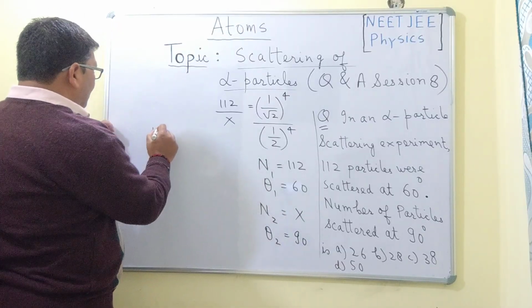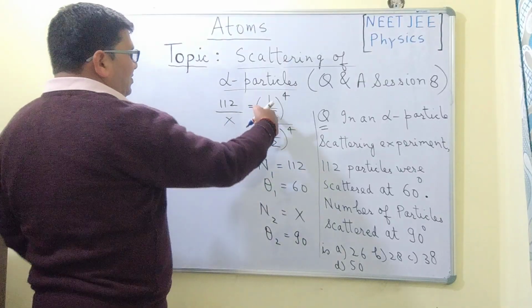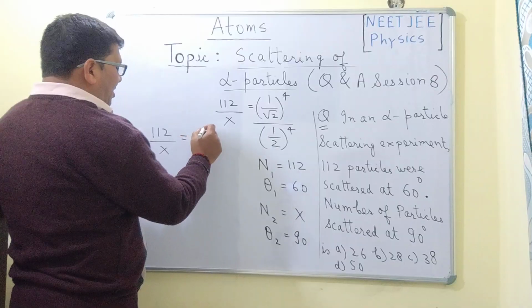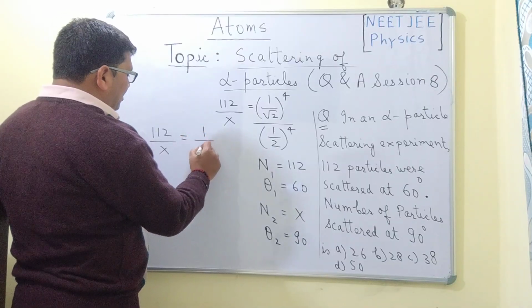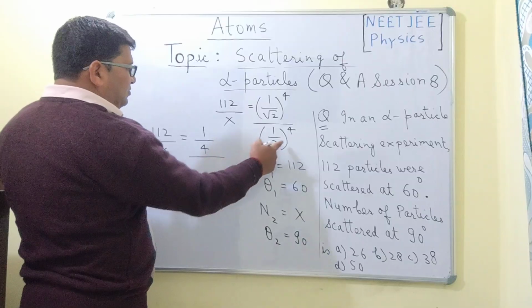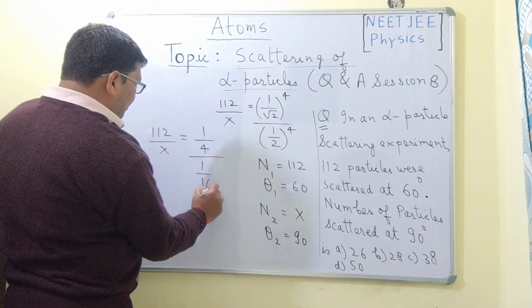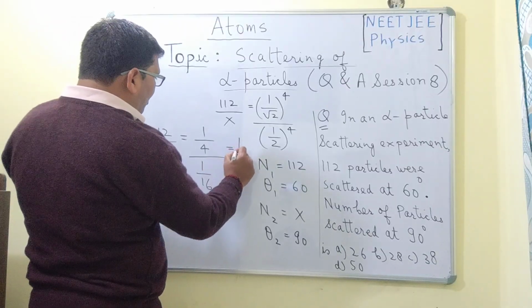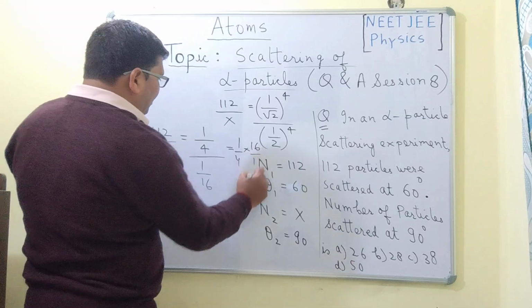So from here, 112 upon x will be equal to, now 1 upon root 2 to the power 4 will be equal to 1 upon 4, divided by 1 upon 16. So this is equal to 1 upon 4 into 16 upon 1.